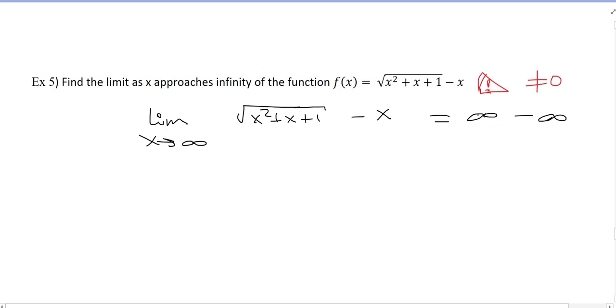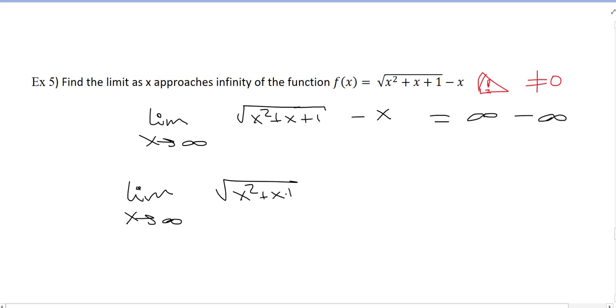This infinity could be larger than this infinity or the other way around, right? We just know that we have large numbers here, but we don't know that they're the same magnitude. So how do we do this then? I have infinity minus infinity. That's not doable.